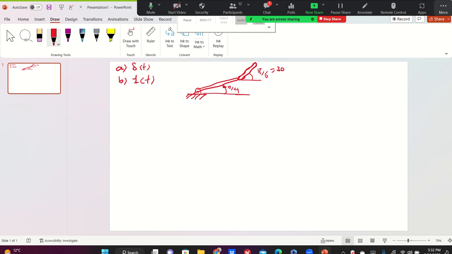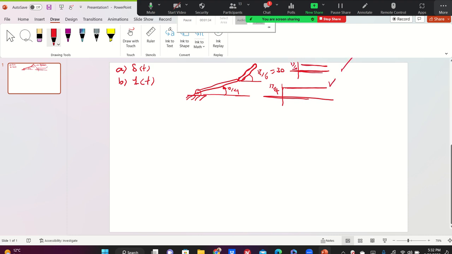On the other hand, you want to push this link to pi over 4, and you want to push this other link of the robot to pi over 3. So you have two step inputs to the system that you want to follow. See what I'm saying?